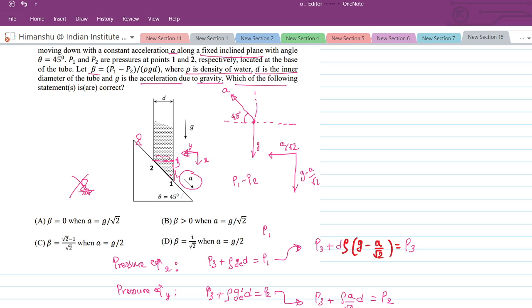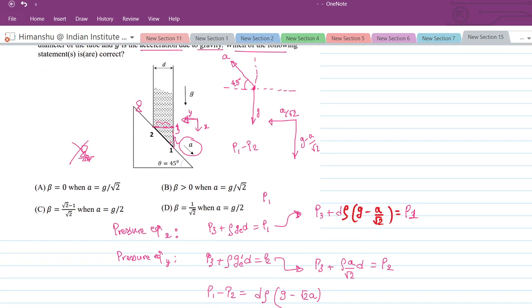Then we could find p1 minus p2 equals d rho g minus root 2 a.